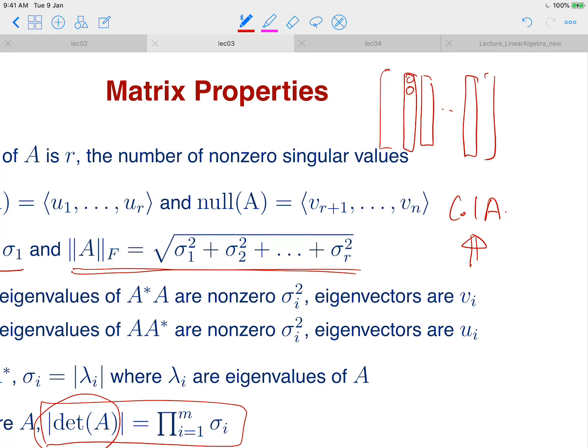Okay, but if we think of this A times X, suppose this vector X is decomposed into the linear combination of the basis given in this V, right?